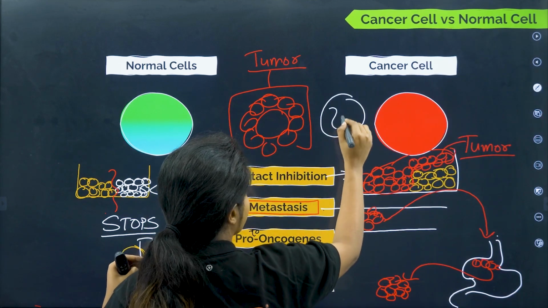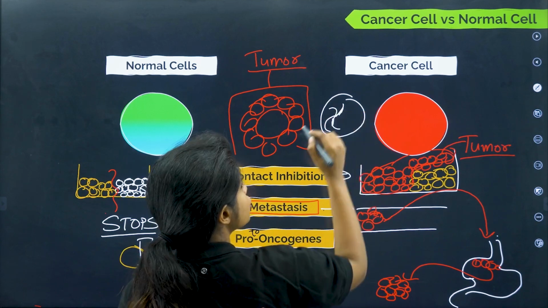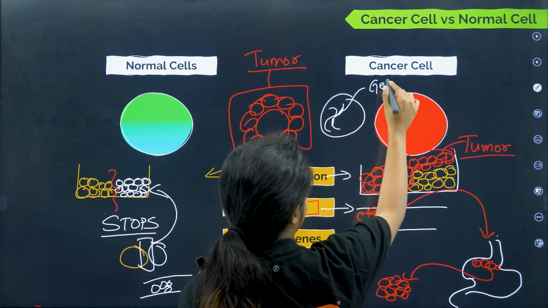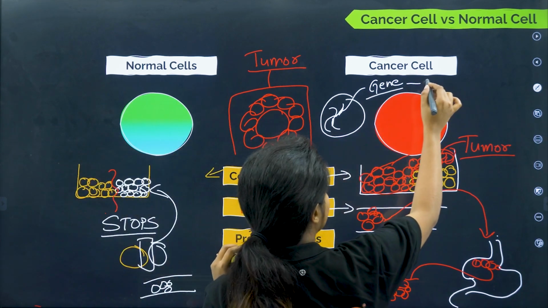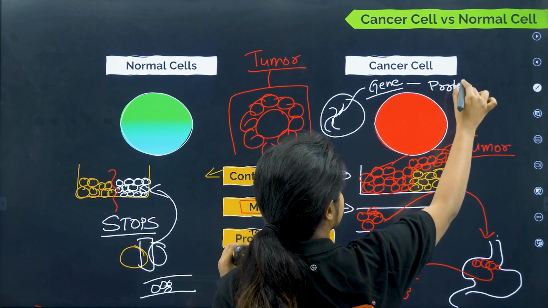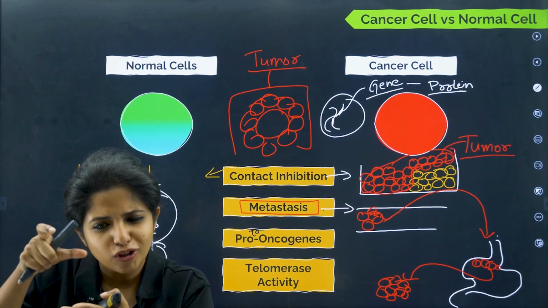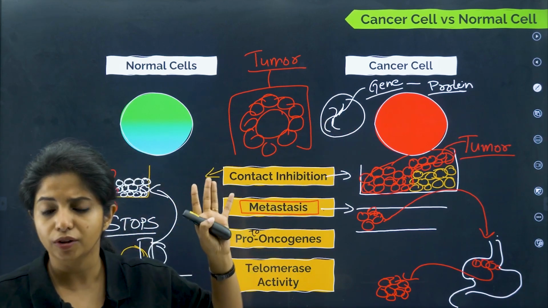Inside the nucleus, we have our DNA, and DNA has a lot of different segments which are known as genes. Each gene is responsible for the formation of some protein. So our DNA is made up of small fragments known as genes, and these genes are responsible for making proteins.